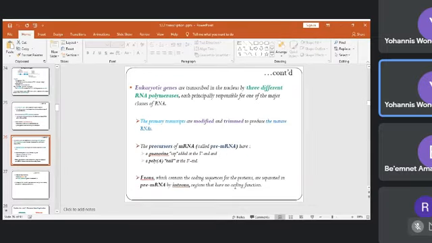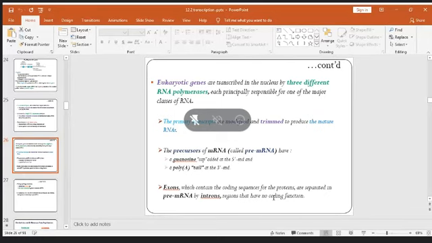This process is called splicing. And there are enzyme complexes called spliceosomes which cut the introns from the middle of the mixed pre-messenger RNA, and then catalyze the joining up of the exons.